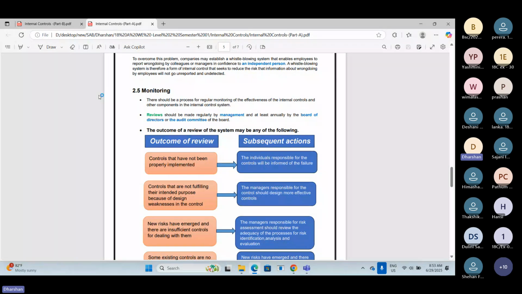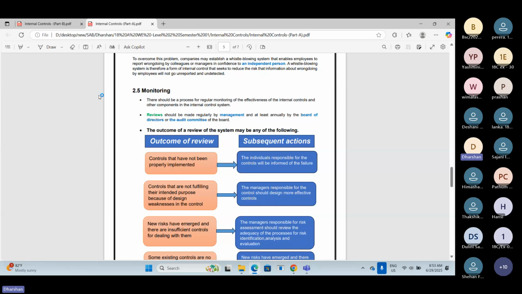We will discuss this responsibility topic today. Keep this important point in your mind: the final, ultimate responsibility for internal control implementation is with the board of directors. If you want, you can make a short note. Most important point, final or ultimate responsibility is with the board of directors.